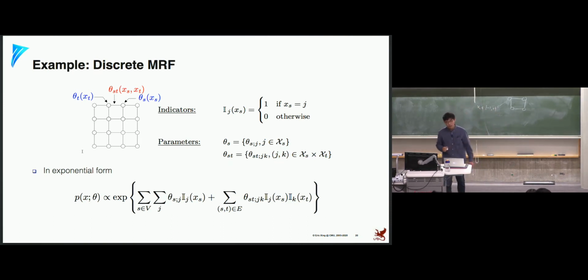Then we can write its density as some kind of marginal potentials and then pairwise potentials.